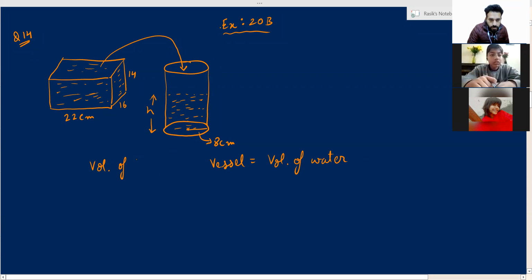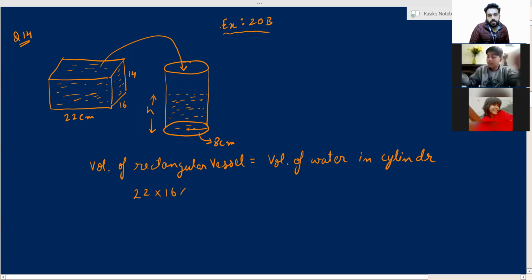Volume of rectangular vessel is equal to volume of water in cylinder. The volume will remain the same. What is the volume of rectangular vessel? 22 into 16 into 14. Length into breadth into height. Volume of water in cylinder, what is the formula?